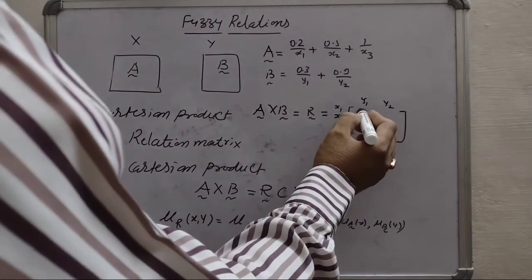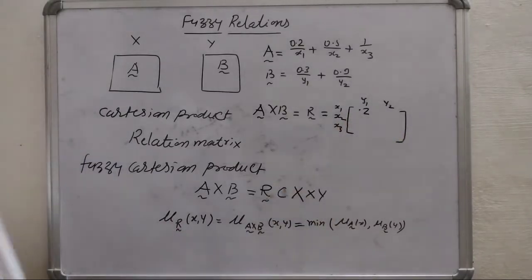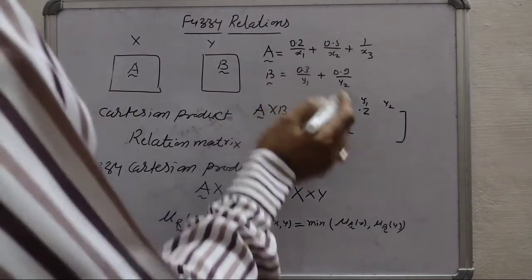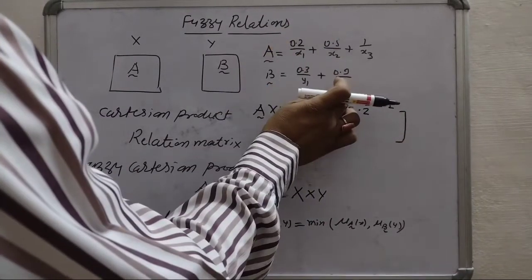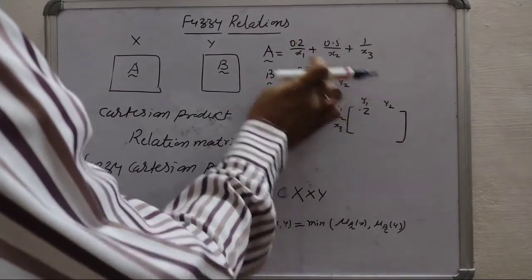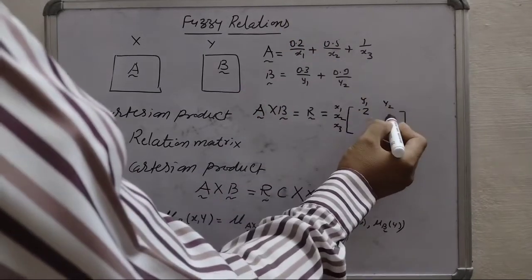So it will be 0.2 here. Then x1 y2, x1 this one and this one. So the minimum membership value is 0.2 again.